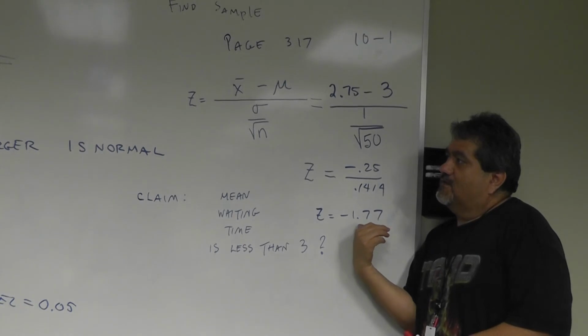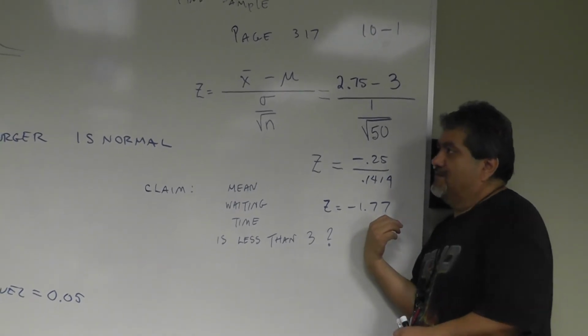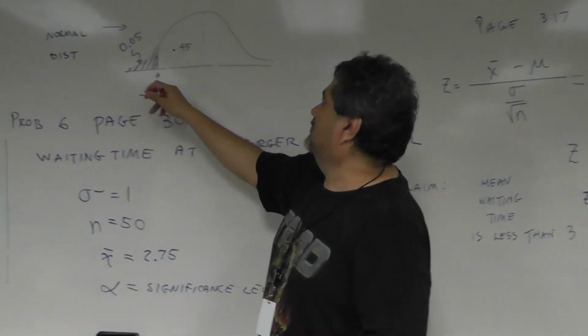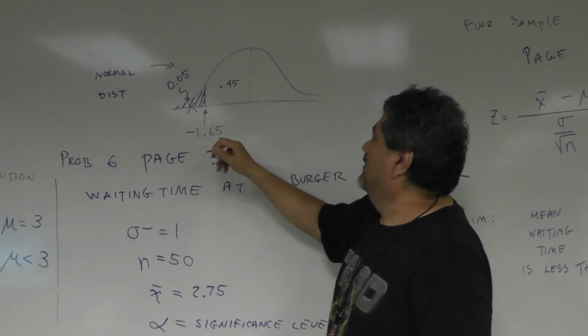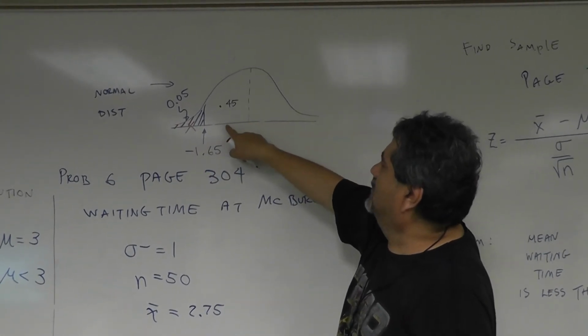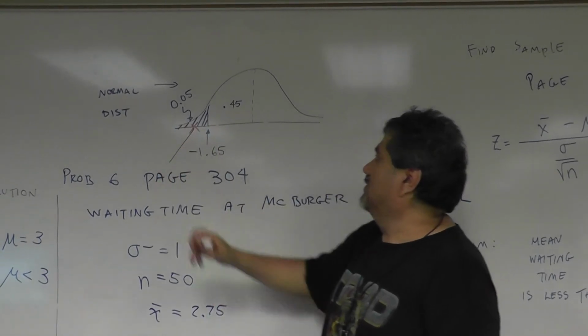And this is going to tell us where the sample is. Now, notice this is minus 1.77. So that implies that the sample is to the left, because this is basically the center, 0, minus 1, minus 1.65, minus 1.77. So this is where the sample is.